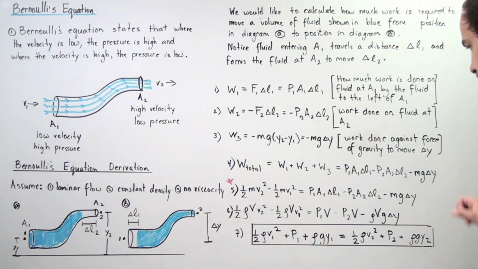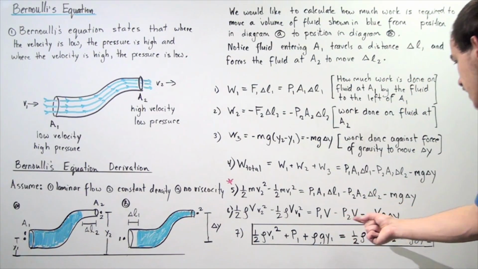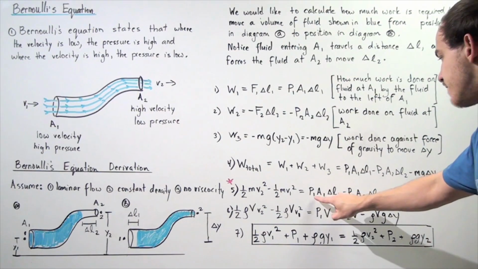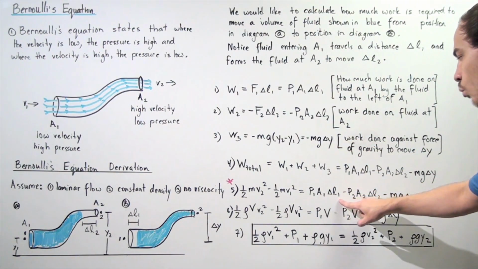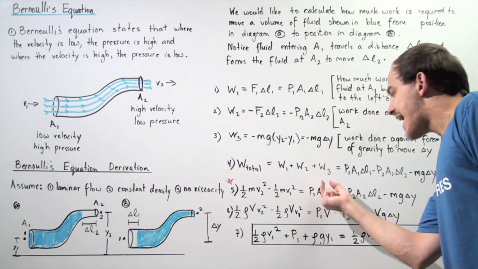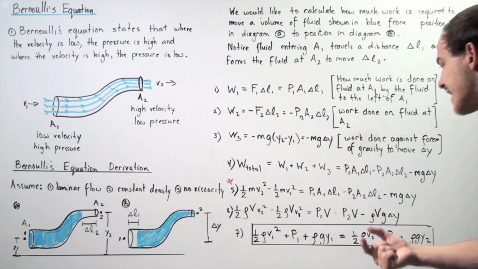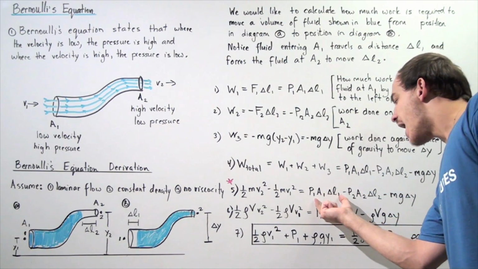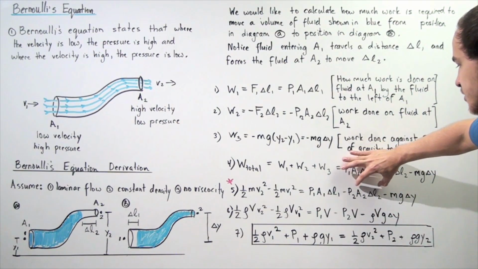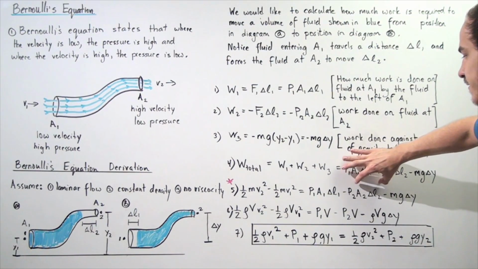Now notice that we have our area multiplied by our change in L1. So the cross-sectional area at point 1 times the change in distance L1 is simply the volume. And likewise, this quantity also represents the volume.